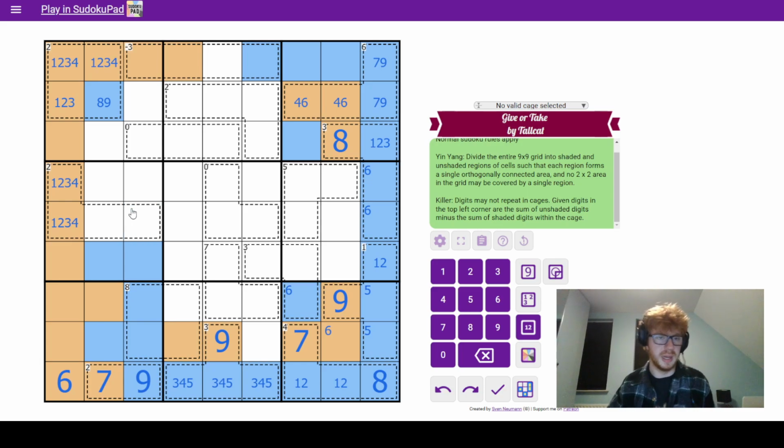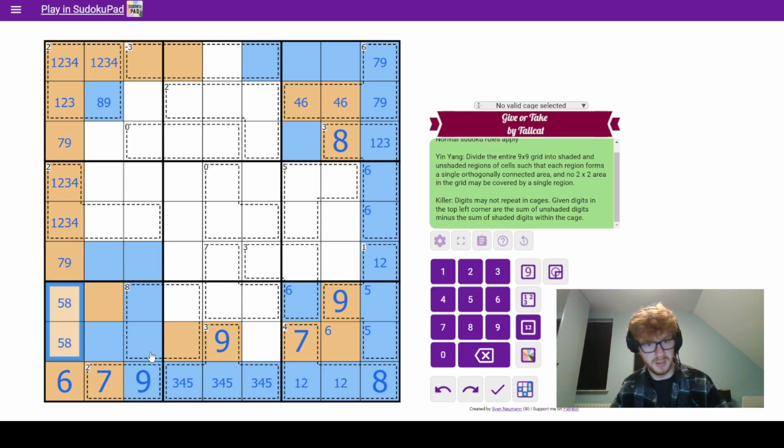Which, yeah. I know I have this now, right? It's more than I had a few minutes ago, but still I'm very unsure what to do with the information I have. It does mean this is, oh, that's interesting. 7 and 9, I still have to place in this column, and I cannot go here. So this and this is a 7, 9 pair. And that makes this 1, 2, 3, 4, 5, and 8.